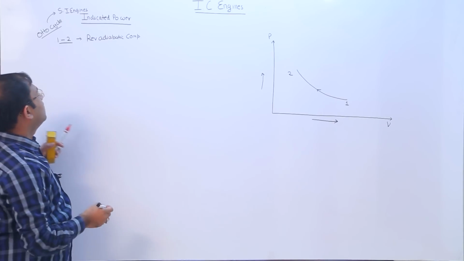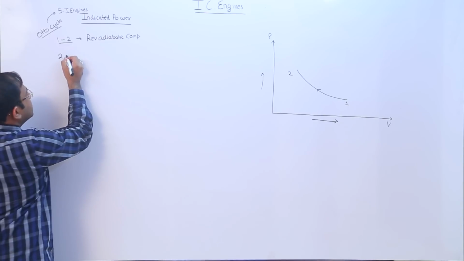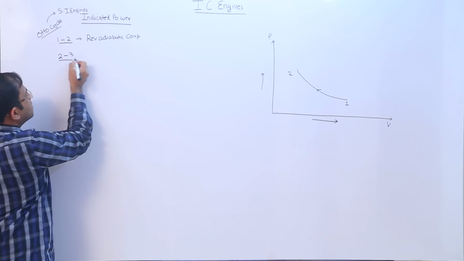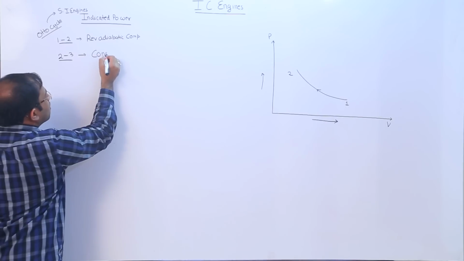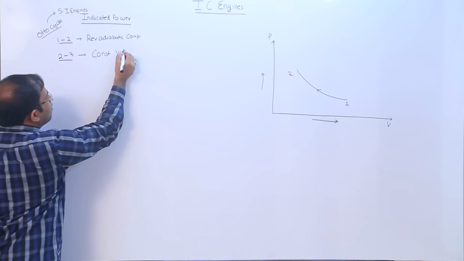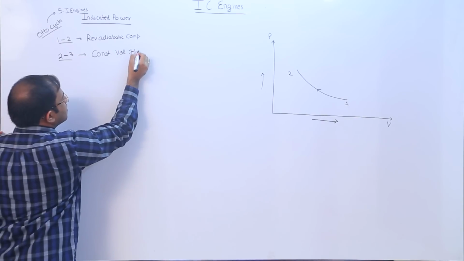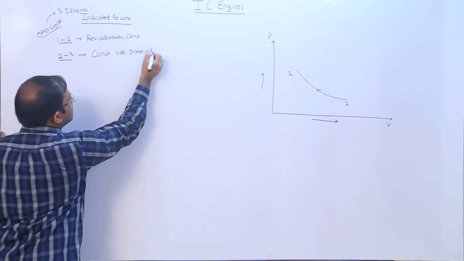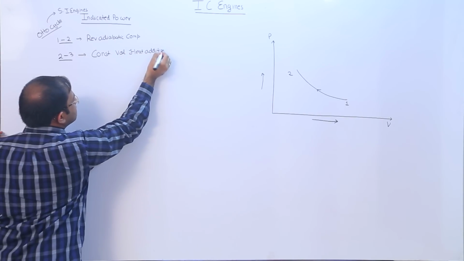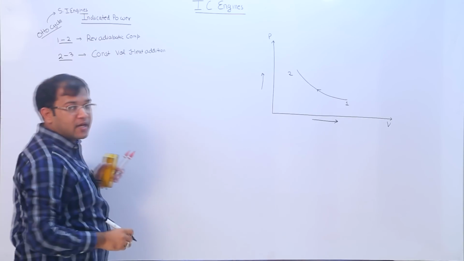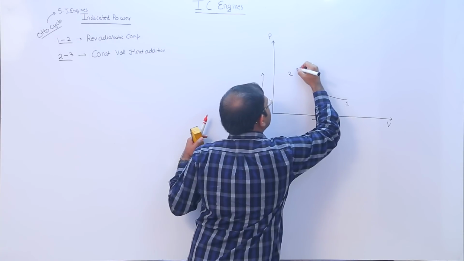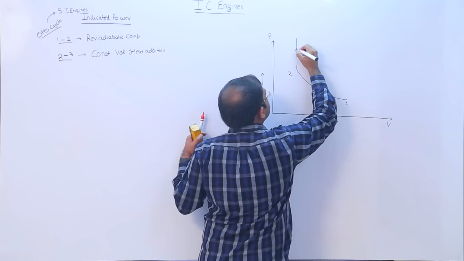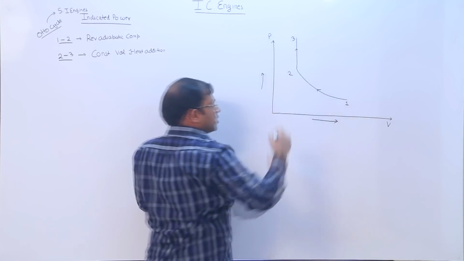Fine. Now the next process here is 2 to 3, and it is nothing but constant volume heat addition. Now what do we mean by constant volume heat addition? See, it will be plotted something like this, 2 to 3.